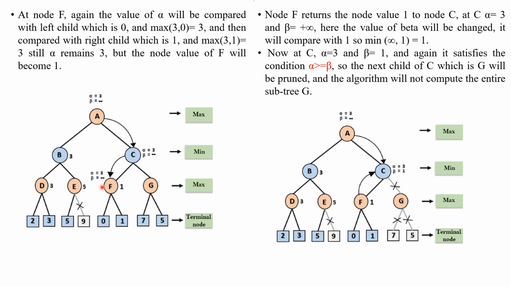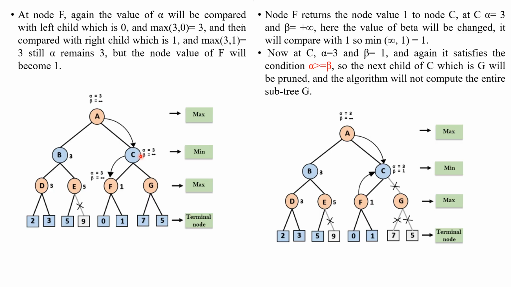Then we have to find the node value of F. This is a maximum node, so find the maximum value among these two. The maximum value is 1. This node value of 1 is moved to the upper node C, where alpha is 3 and beta is infinity. For node C we have to update the minimum, that is the beta value.